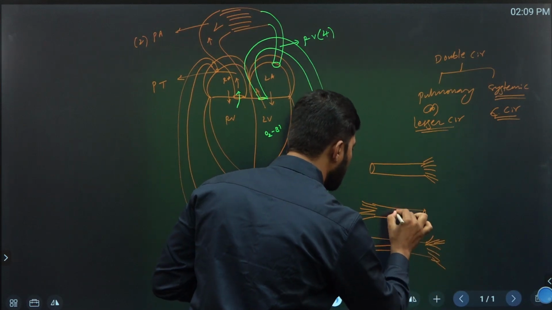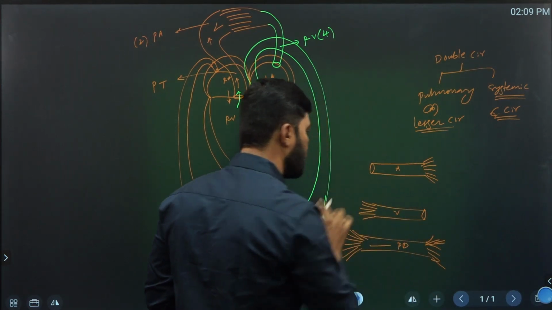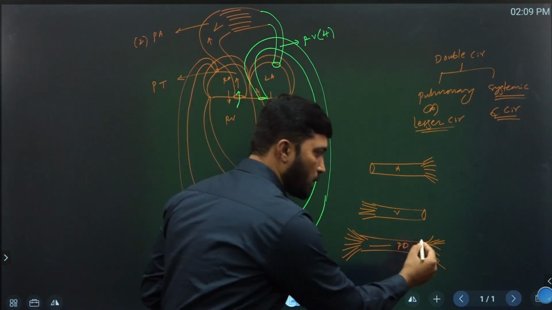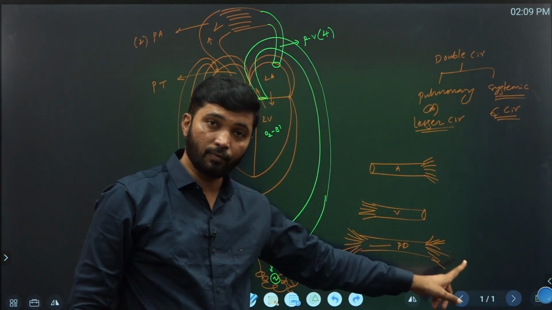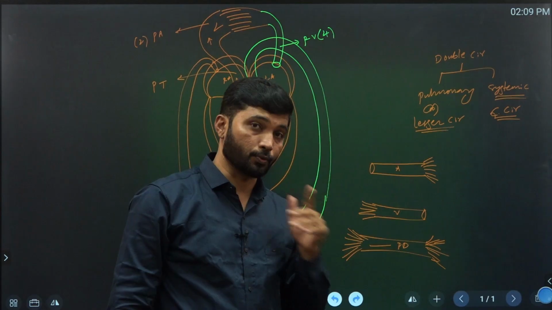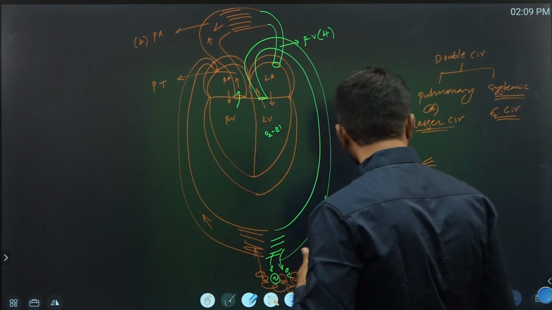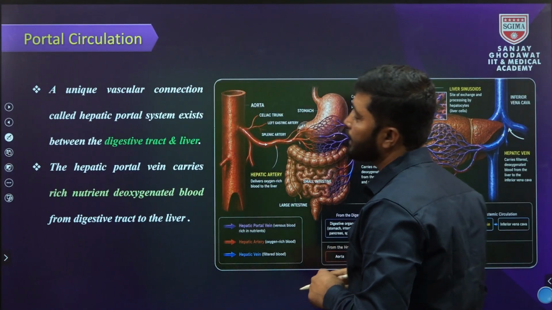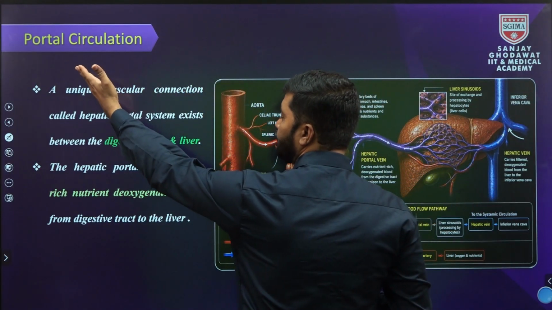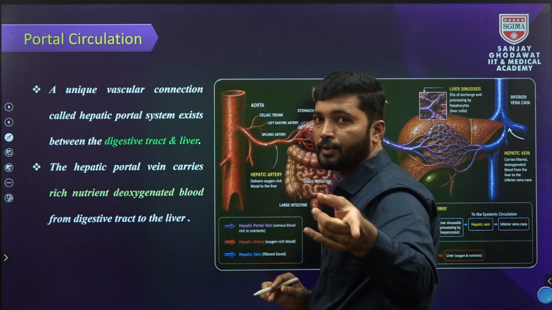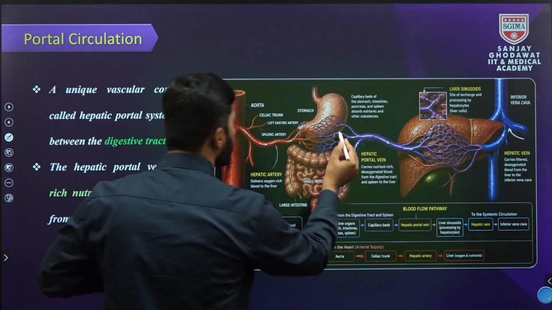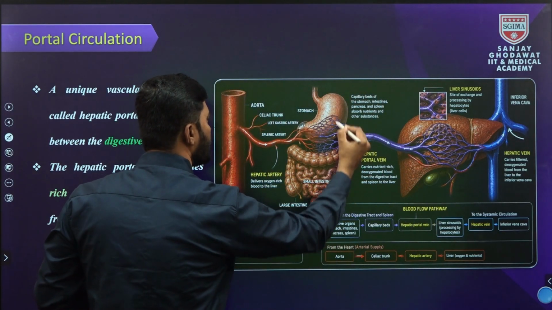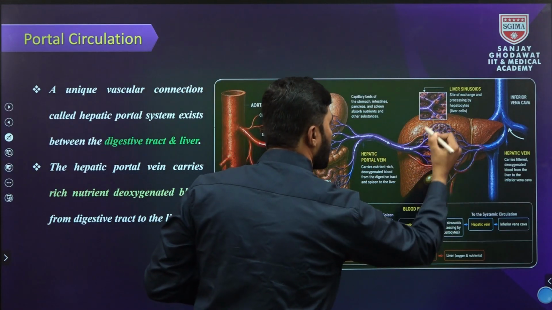This is the portal duct, this is a vein, this is an artery. So a portal duct always starts with a capillary and also ends with a capillary. That is a portal. You can observe in the diagram, start with capillary, end with capillary.